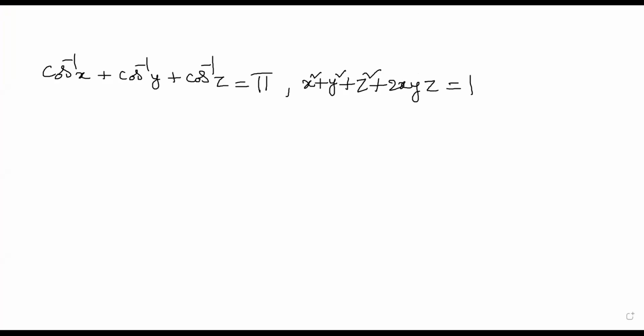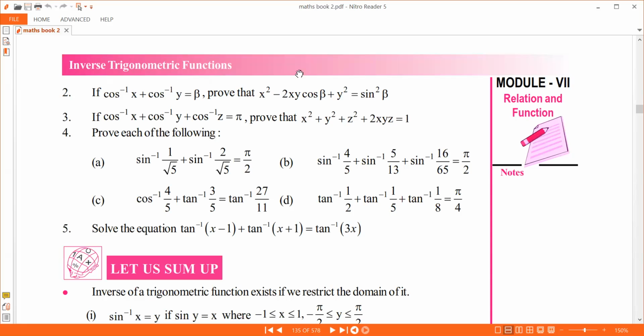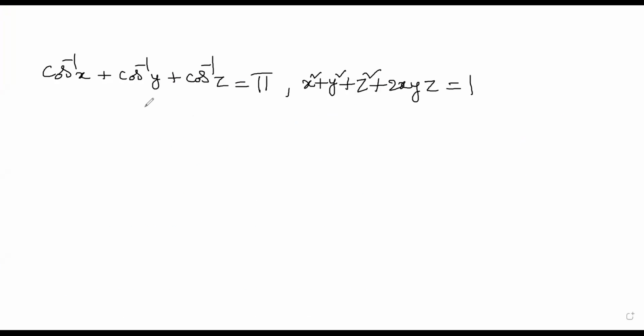I hope that is clear. So this is what they have given: cos inverse x plus cos inverse y plus cos inverse z equal to pi. And you got to show x square plus y square plus z square plus 2xyz equal to 1.